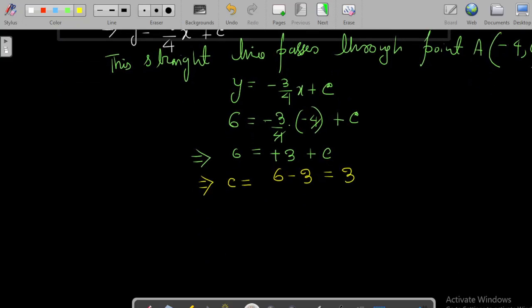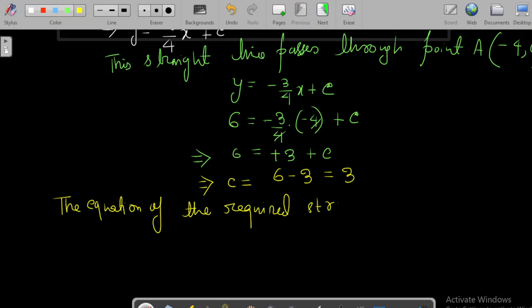So the equation of the required straight line is y equals -3 by 4 x plus c, and here c is 3.